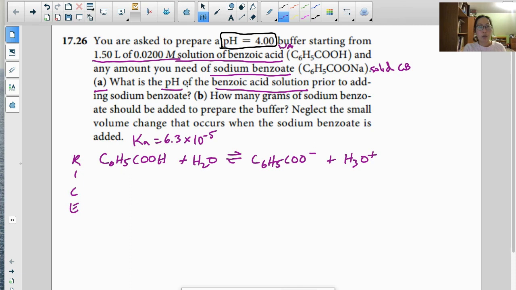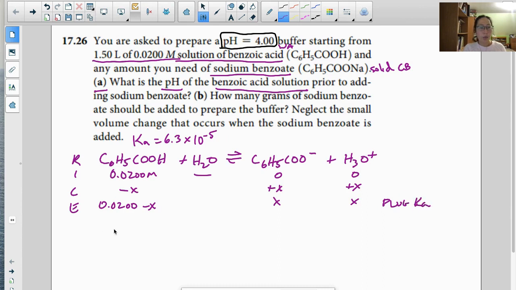Our initial concentration is given here, 0.02 molar. Don't care about the water. These are 0 to begin with, and we'll do our usual minus x, and plus x. And we end up with these equilibrium values, which we're going to plug into Ka.